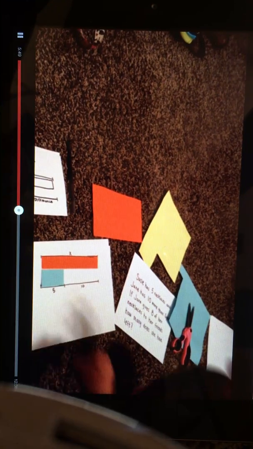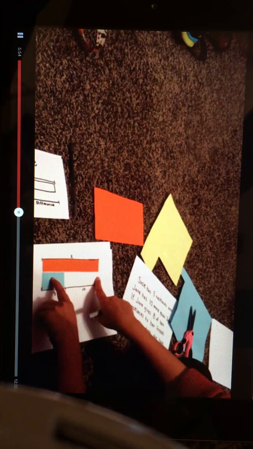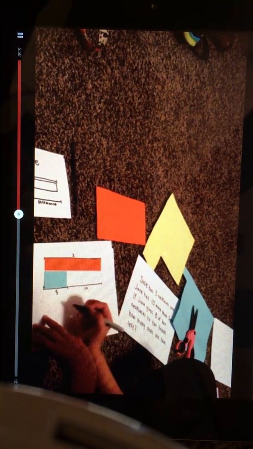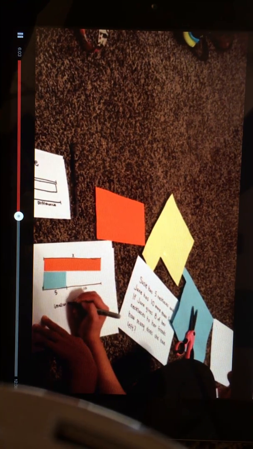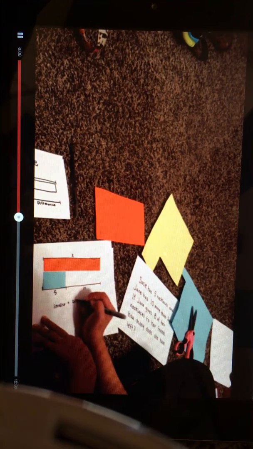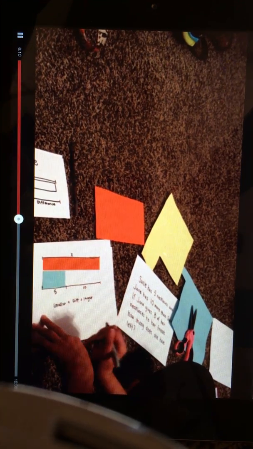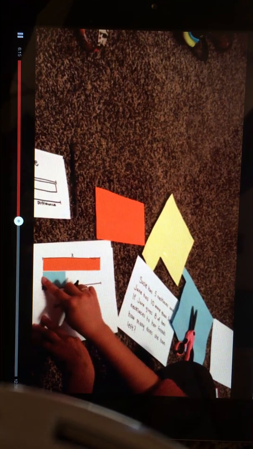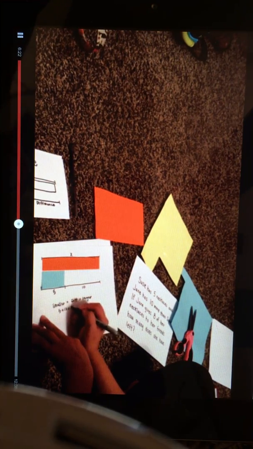So the next thing we need to look at is if this length needs to equal this same length, we have a formula we can use: smaller plus difference equals larger. And in this case, our larger is represented by x. So our smaller number is represented right here by this length of blue paper as 5, plus our difference, 10, equals x.